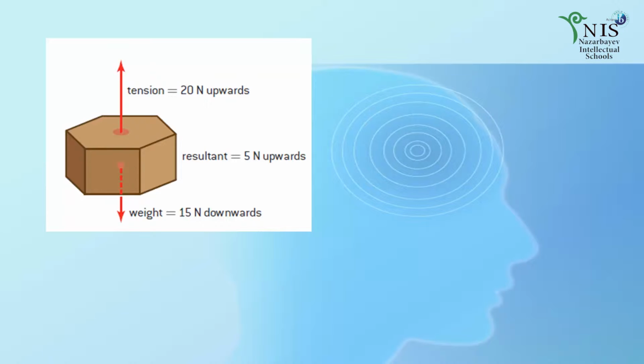It's clear that the upward tension vector is longer than the weight. Therefore, the object can't be in an equilibrium position, because the resultant force equals 5 newtons and is directed upwards.